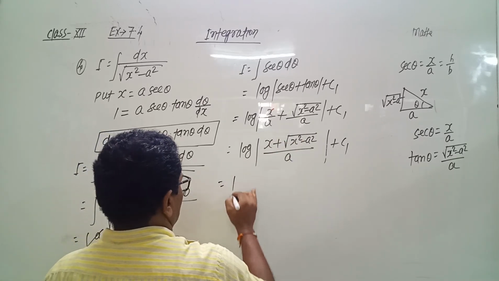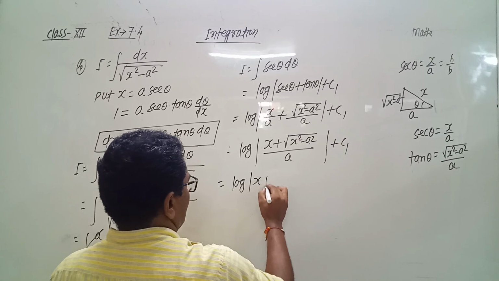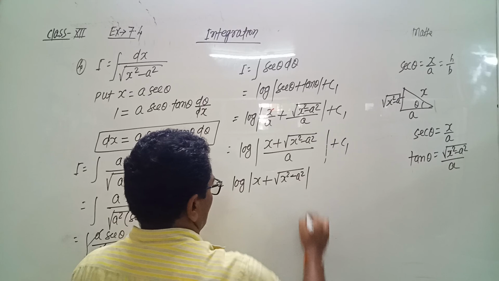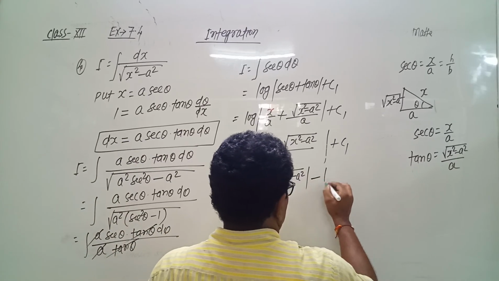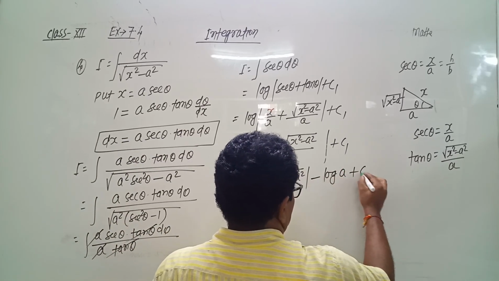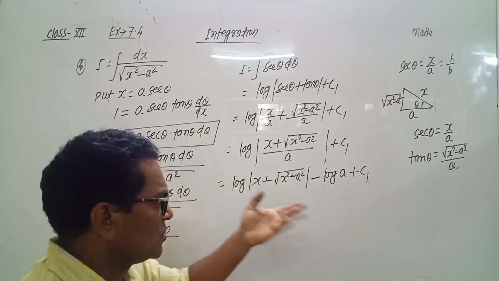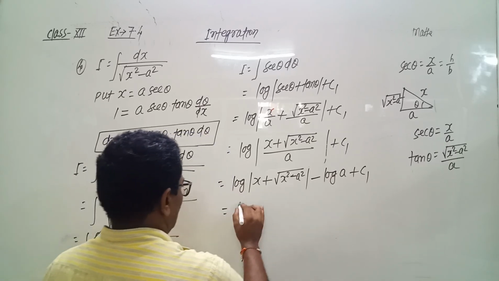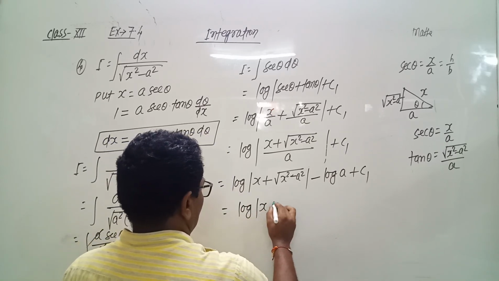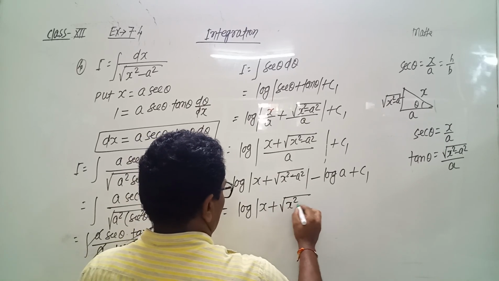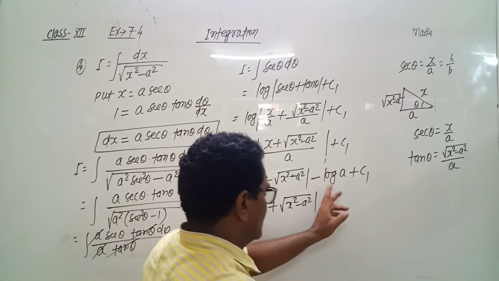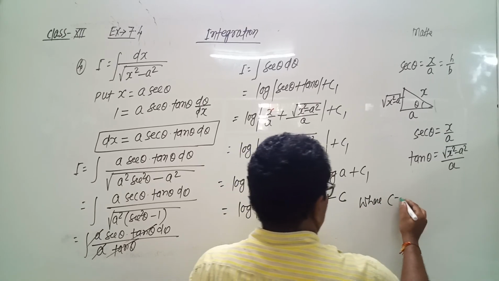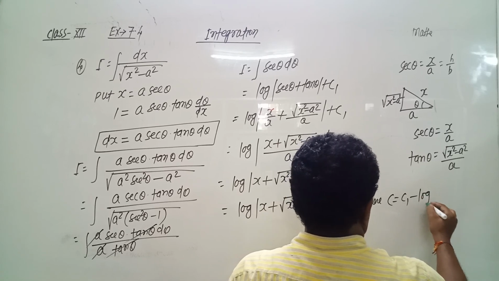This may be written using log of a by b equals log of a minus log of b: log of x plus root over x square minus a square, minus log a, plus c. So log a is also a constant term. Both constant terms together are written as c, where constant c equals c1 minus log of a.